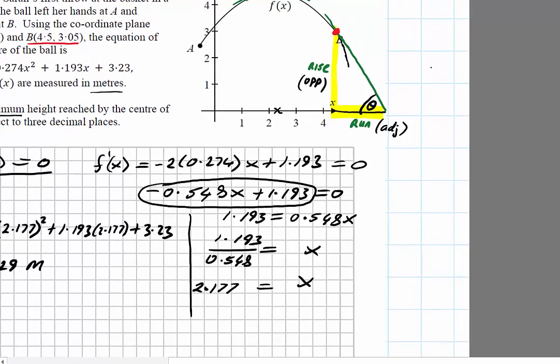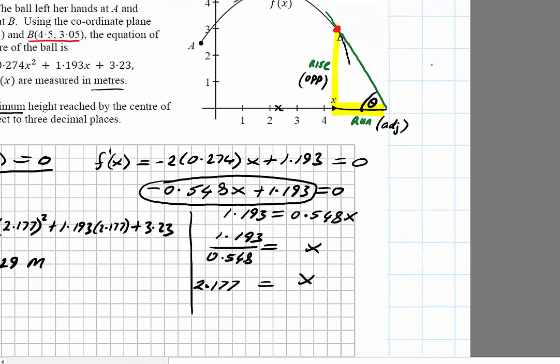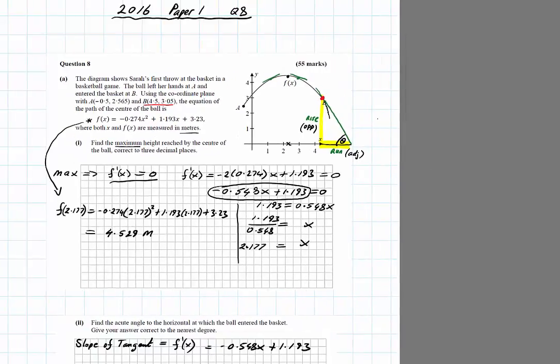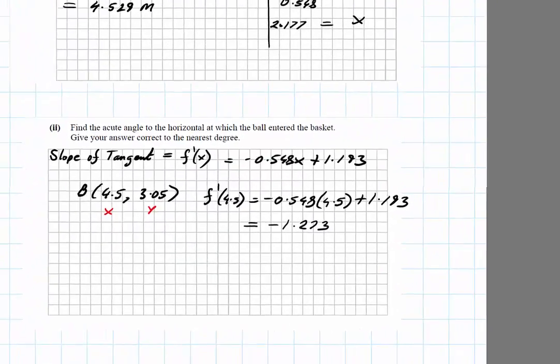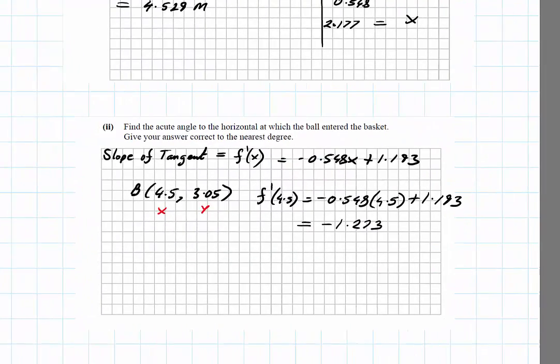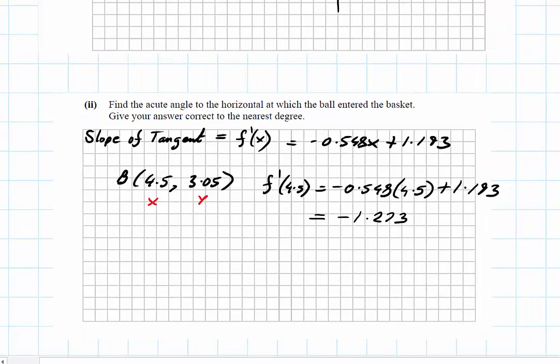So we can ignore the minus when we're getting the opposite over the adjacent. It's just length of opposite over length of adjacent. So that's what we've got. The tan of theta is basically 1.273. And theta is the inverse tan of that. And rounded off to the nearest degree on the calculator gives us 52 degrees.